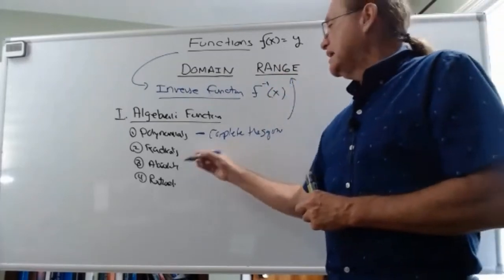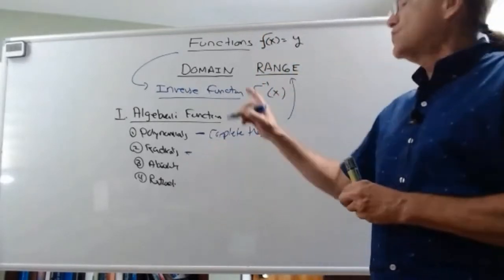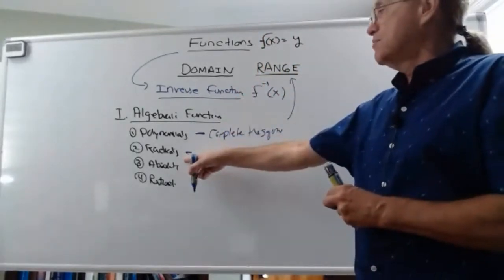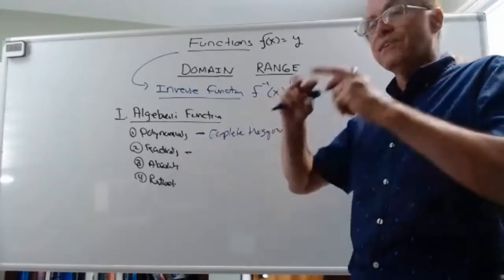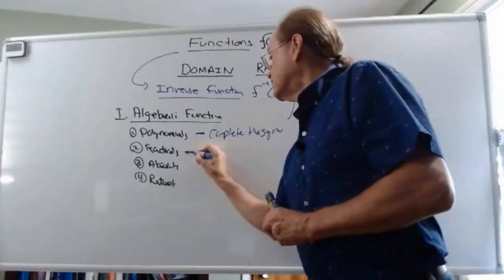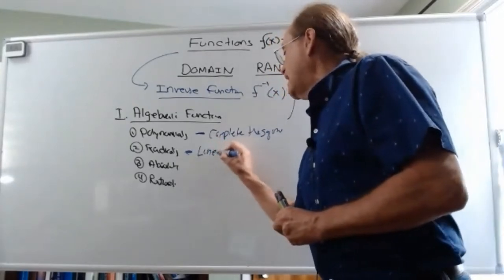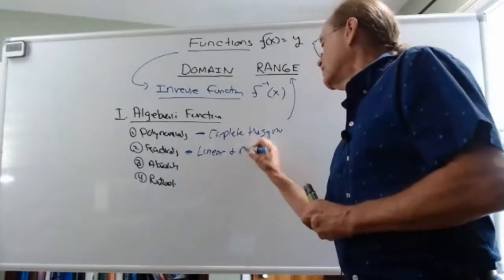What we're going to see today is that for radicals, we're going to need another alternative for certain radicals, because radicals can be really complicated. We're only going to look at a very limited set of them. But for certain types, we're going to have to introduce how we solve linear and nonlinear inequalities.